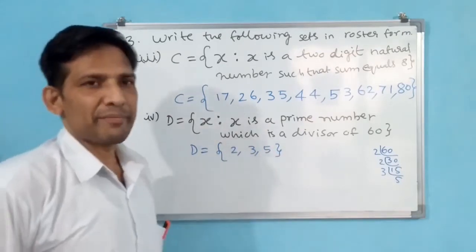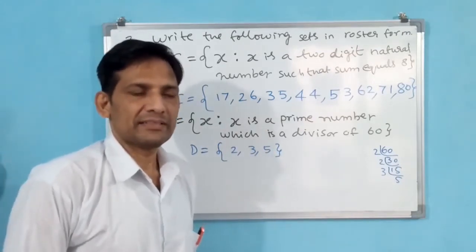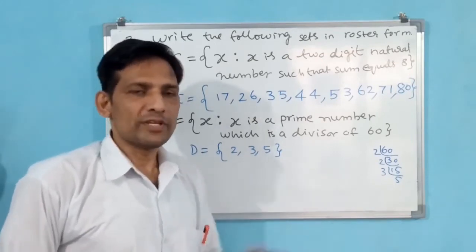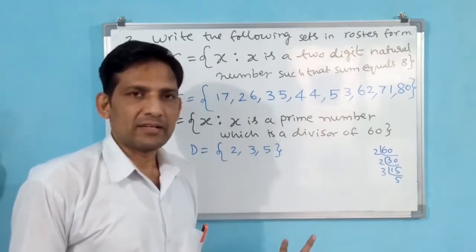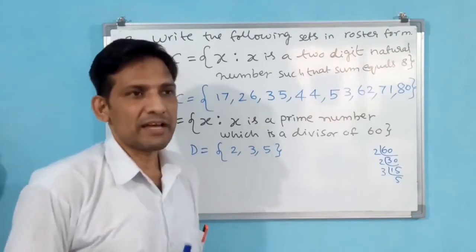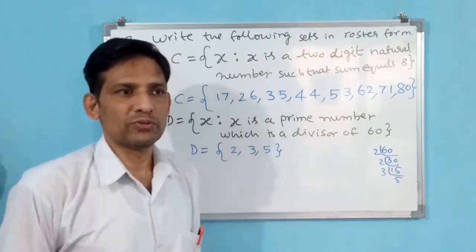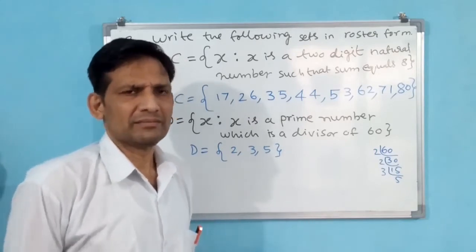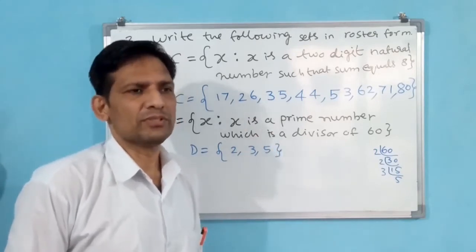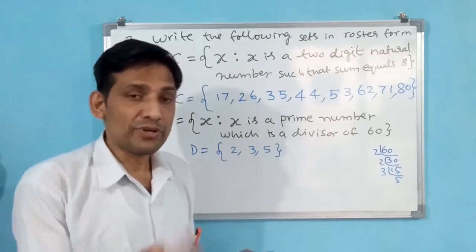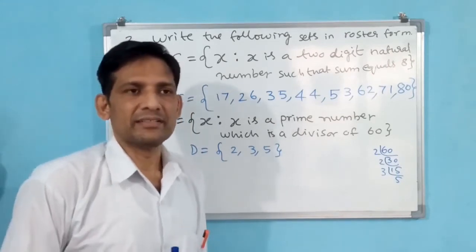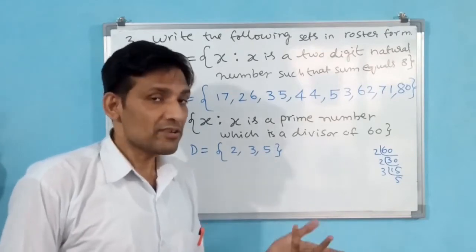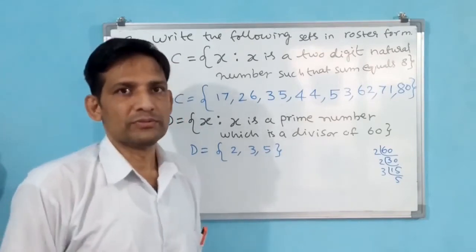Normally, what is a prime number? A prime number has only itself as a factor. 2 is a prime number. 2 doesn't have any other factors, but 4 has factors: 4 is equal to 2 into 2. 2 is equal to 2 into 1. 1 is not a prime number. Prime numbers start from 2. 8 is not a prime number, it is 4 into 2.